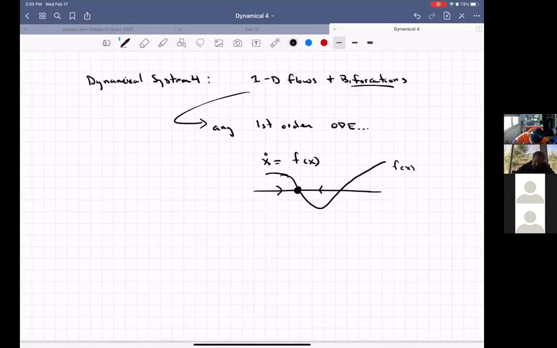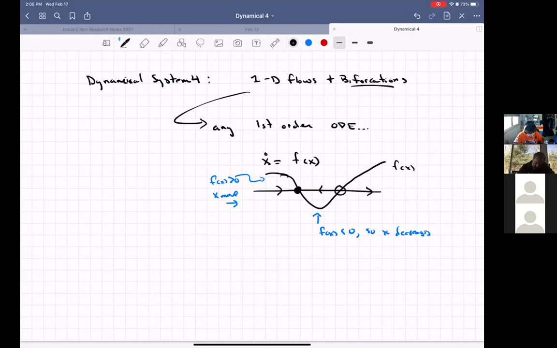And so the reason the flow is to the right here is that f of x being positive here means that x is moving to the right because x dot is positive, so x is going to be increasing. And in this region here, f of x is negative, so x is decreasing. So my flow is to the left, and then over here, my flow is again to the right.